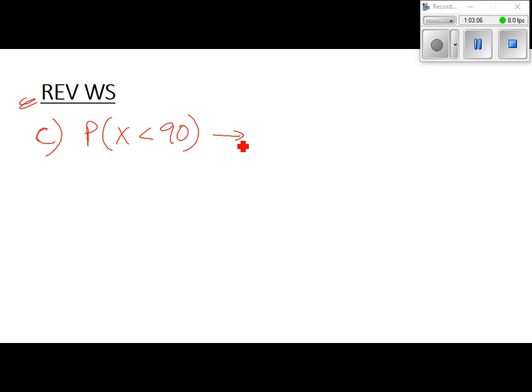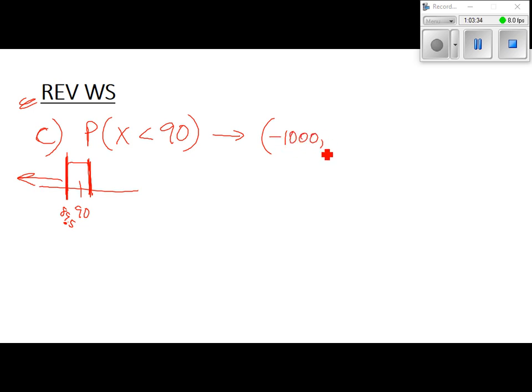If we want less than 90, I'll look at my graph again, and 90's right here. This is my bar for 90. Do I want to start here? No, we want less than 90, so we're going to start at 89. So that's going to be 89.5, right? So when we plug it into our calculator, we want everything less than that. What's our low limit going to be? Negative 1,000.